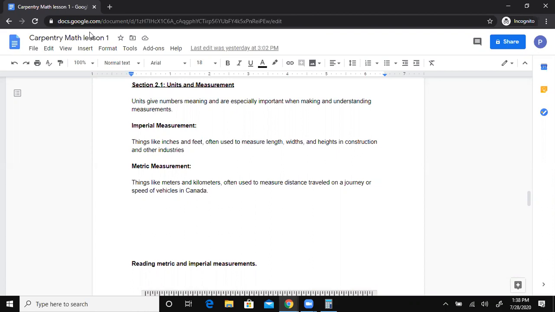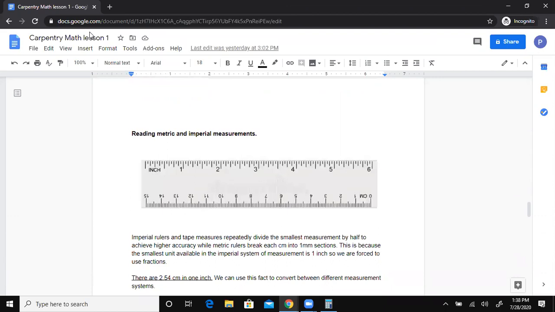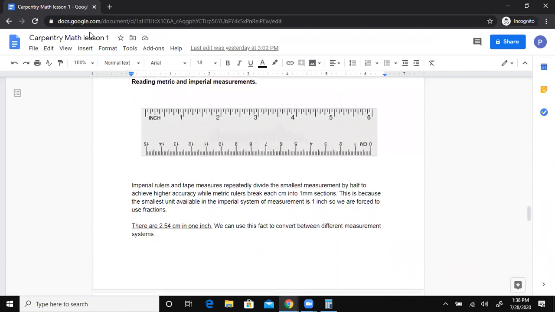This is because there's more than one unit to represent the same thing. We can use feet and inches, or we can use meters and centimeters to represent distances or heights, and this can cause some confusion. Very, very briefly, I want to just look at measurements on a ruler and talk about how metric measurements versus imperial measurements divide their units. So metric measurements are what I think of as fairly intuitive.